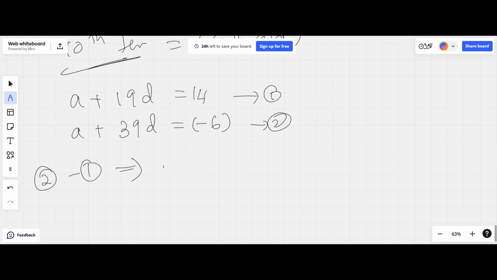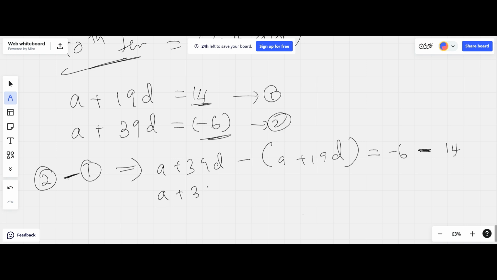A plus 39D minus A plus 19D is equal to minus 6 minus 14. We are going to subtract, so the first value is minus 6, minus the second value, 14. Minus into plus means minus.